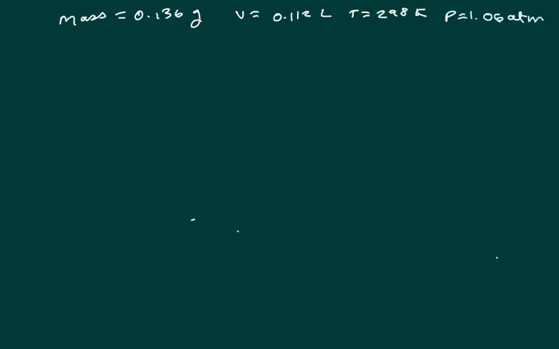A sample of a gas has a mass of 0.136 grams, and its volume is 0.112 liters at a temperature of 298 Kelvin and a pressure of 1.06 atm. Find out its molar mass, and I'm going to call that molar mass unknown.